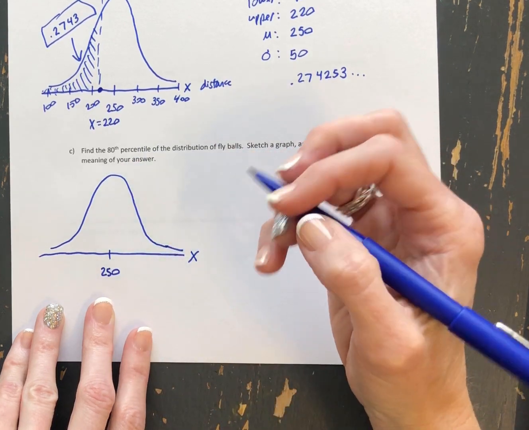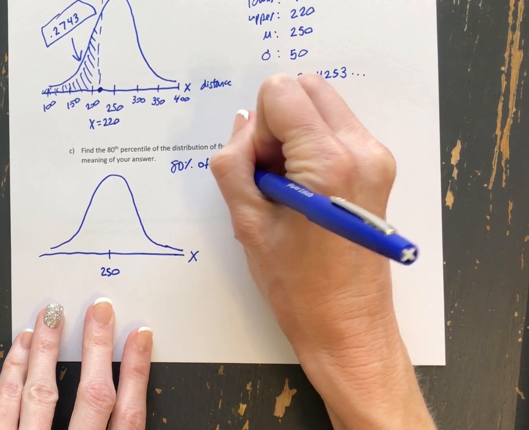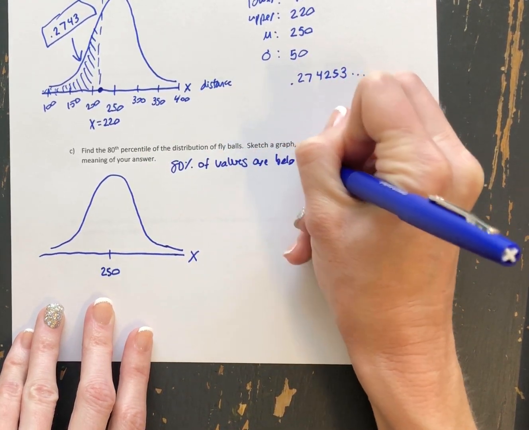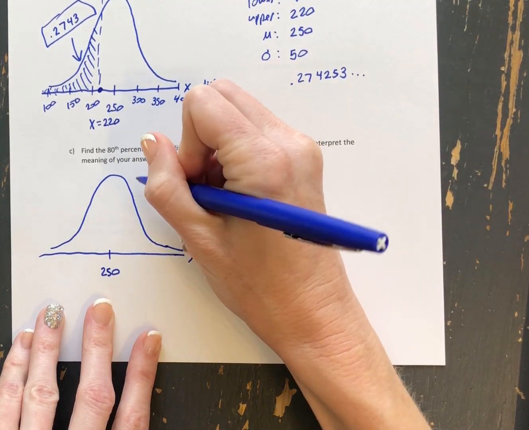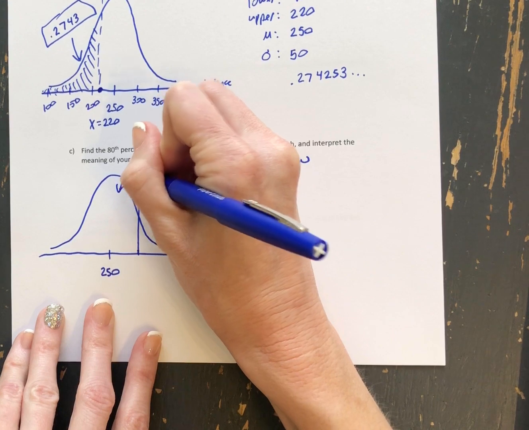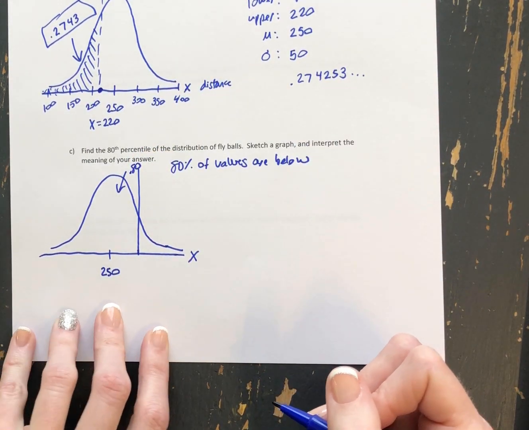So the 80th percentile would mean that 80% of values are below that value. So we're somewhere up here where this is 80%, 0.80.